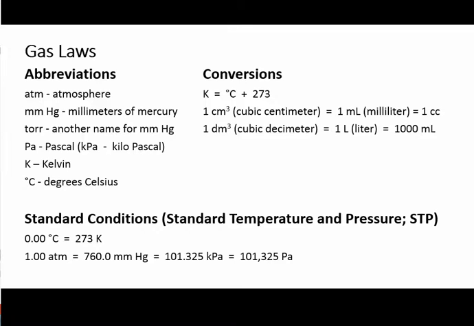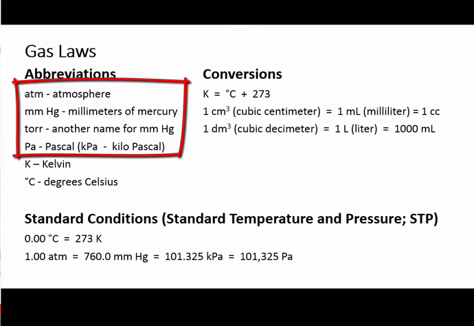If you look here on this sheet, there are 4 different pressure units: atmospheres, millimeters of mercury, torr, pascals, and actually kilopascals are also a pressure unit, and kilopascals in chemistry are used far more often than pascals are.